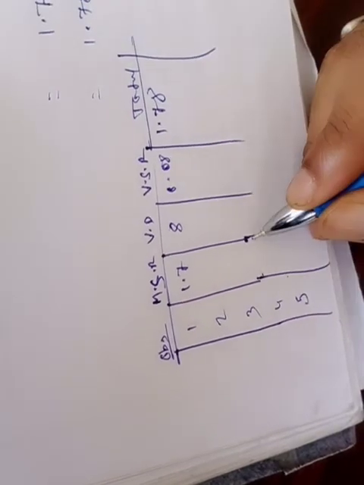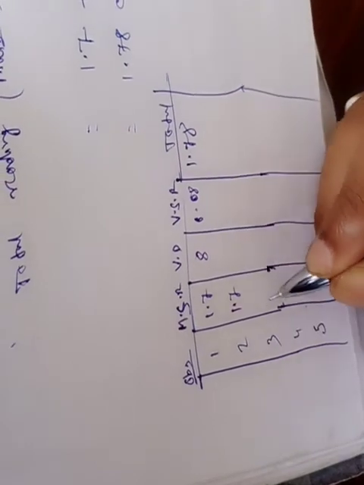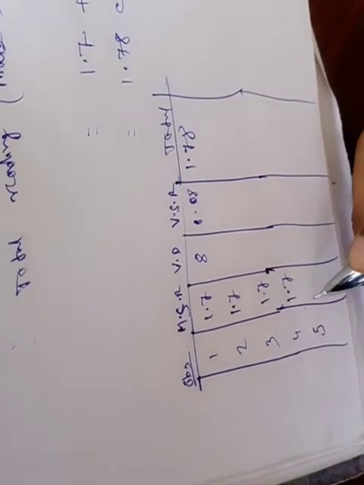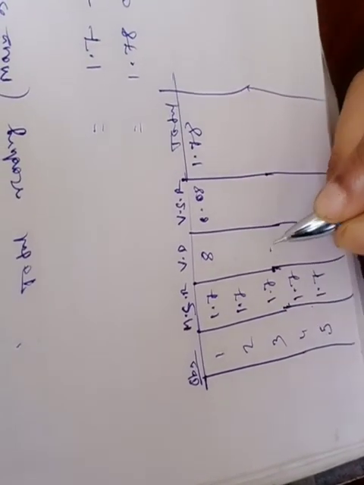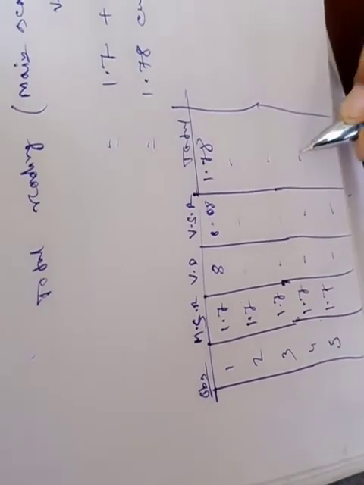You have to take the reading a minimum of 3 to 5 times, and every time you will get the same main scale reading for the particular object. The vernier reading will vary.